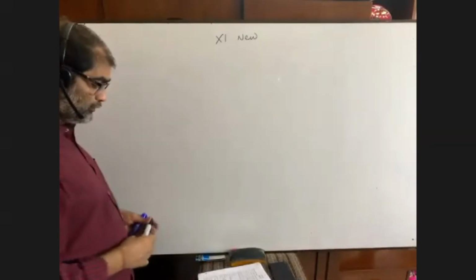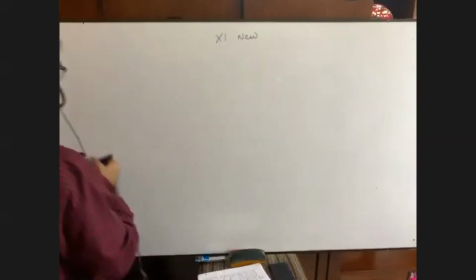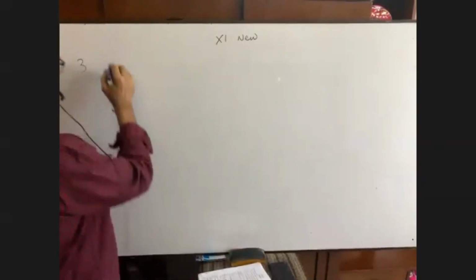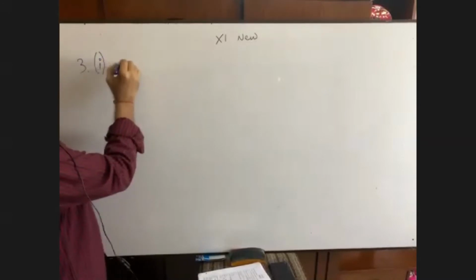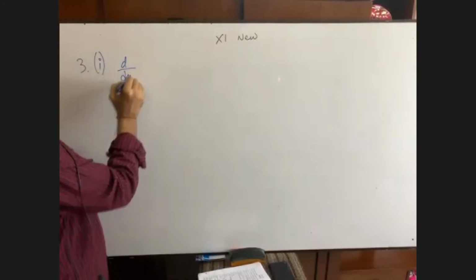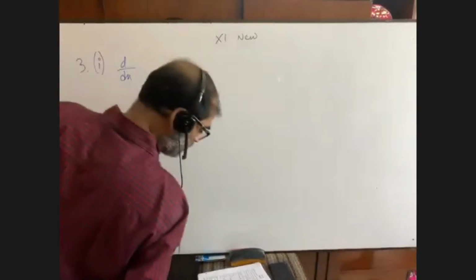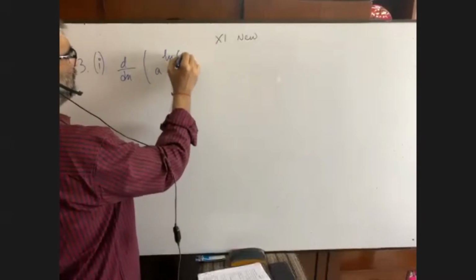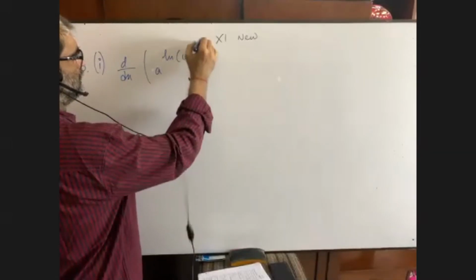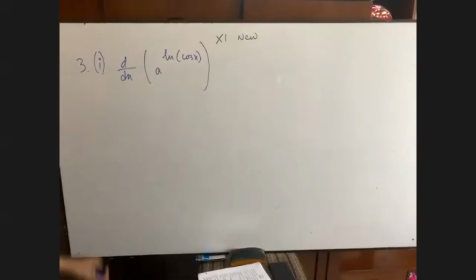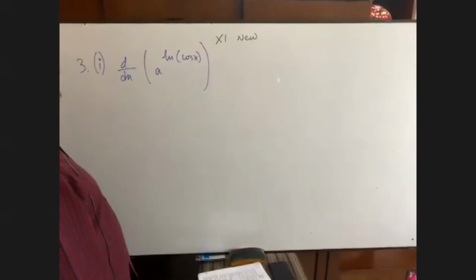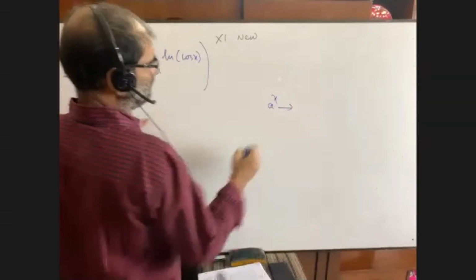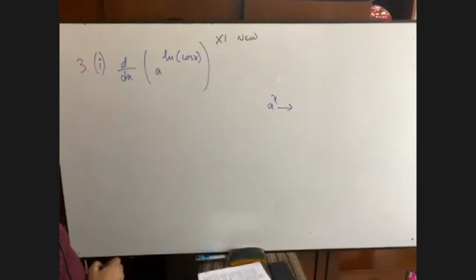Now we are going to question number 3. This is question number 3(1): d by dx of a to the power ln cos x. Please try to understand. What is the formula of a to the power x? Can you remember? So a to the power x into ln a.